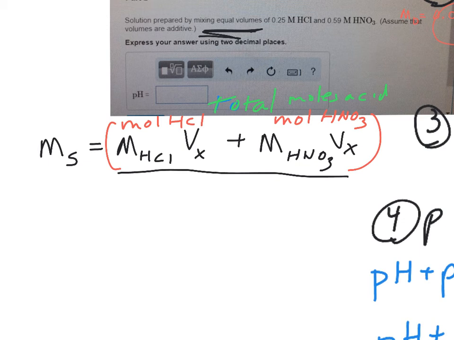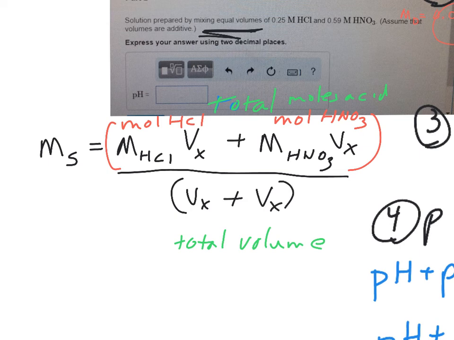Well, to get my new molarity, I have to divide my total moles by my total, or my totally new volume. Well, since I'm using the same amount of each, then my new volume is going to be Vx plus Vx, or 2Vx, right?